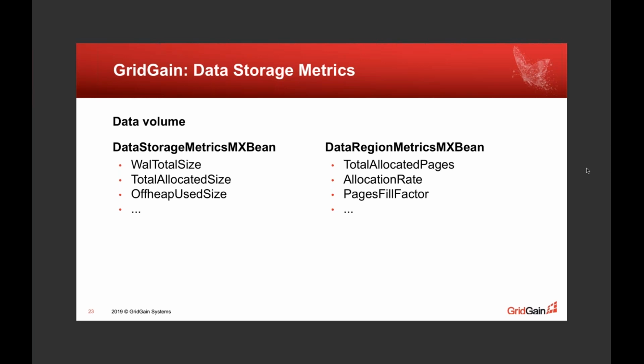For example, you can check the data volume occupied by everything on disk, and you can see what parts of it take the most time, and per every data region you can also see the allocation rate of pages and the fill factor, and you can track both performance and the data volume using these metrics.